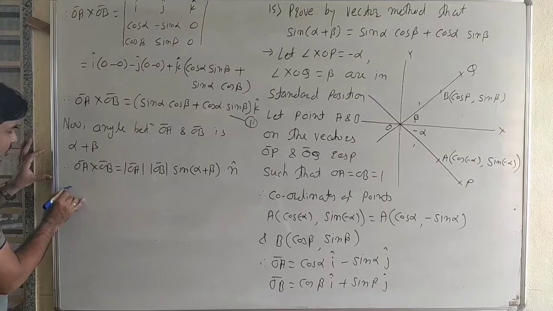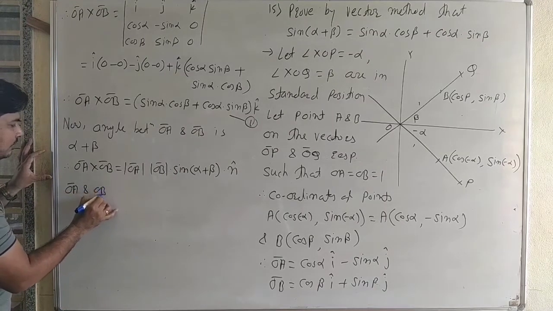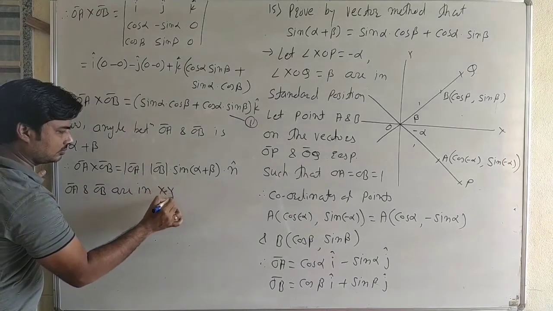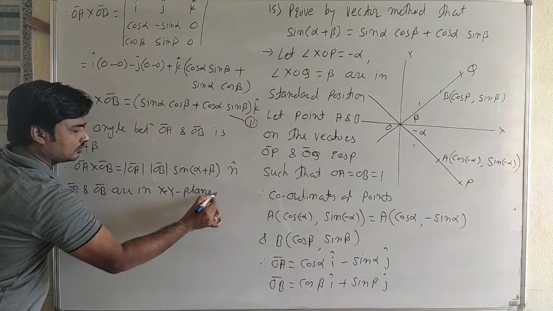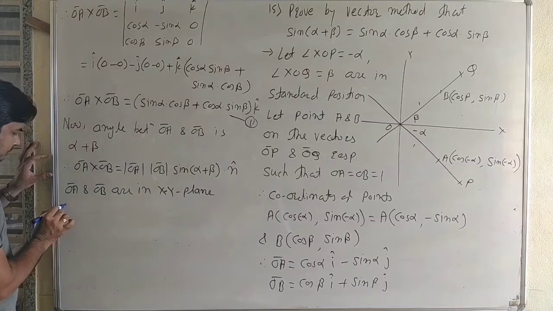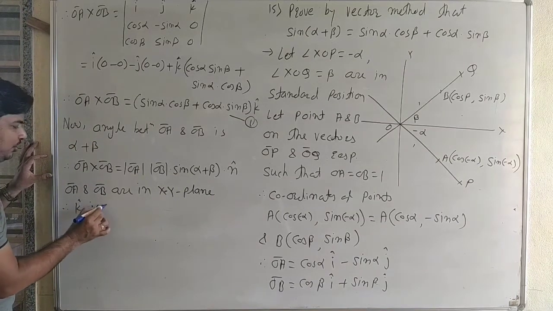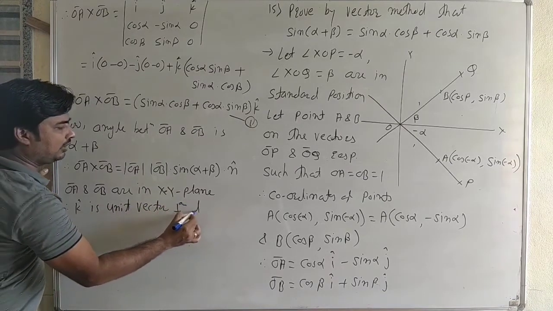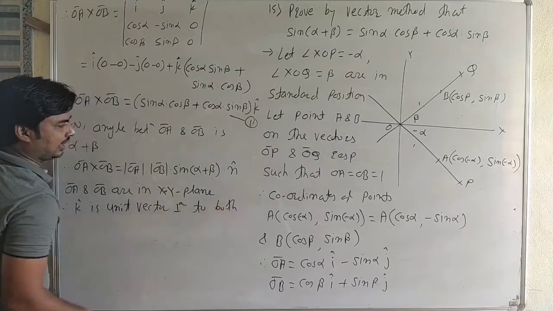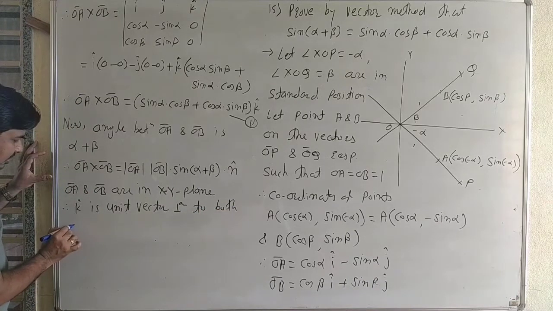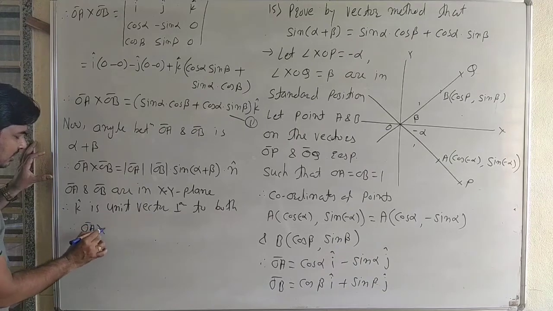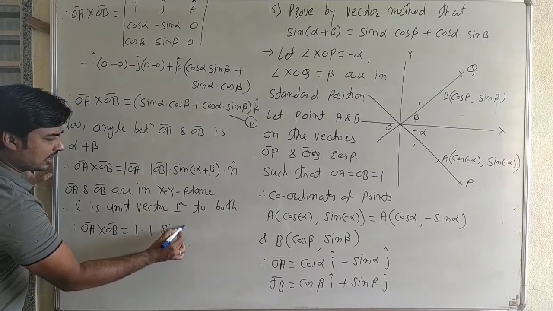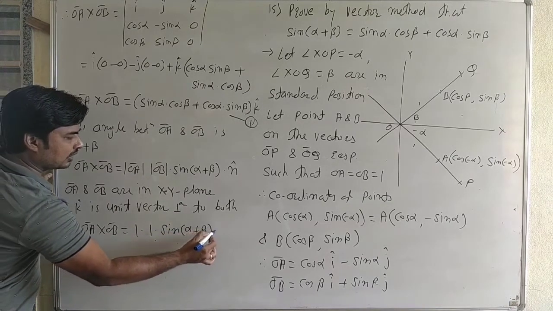Here OA and OB are in the xy plane, therefore k cap is the unit vector perpendicular to both. Therefore OA cross OB is equal to 1 into sine alpha plus beta and into k cap.